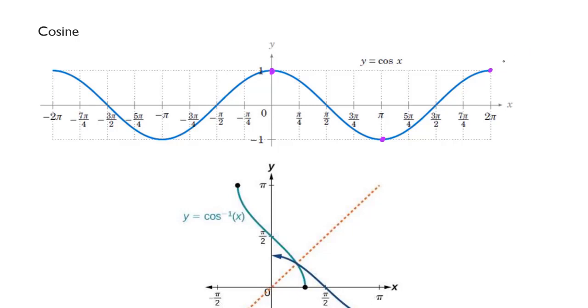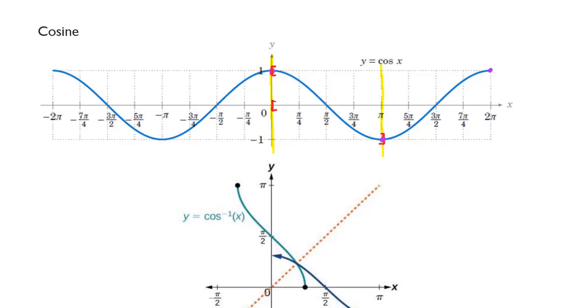We need to figure out what interval we should keep so that the cosine function is 1 to 1 when we find its inverse. If I take the original cosine function and I break the cosine function at 0 to pi, then the interval that I am looking at will include the two endpoints, 0 and pi.